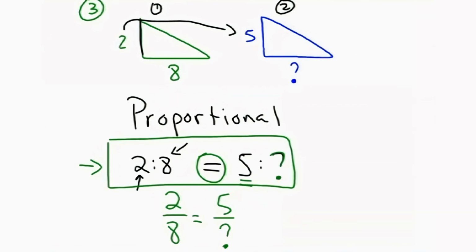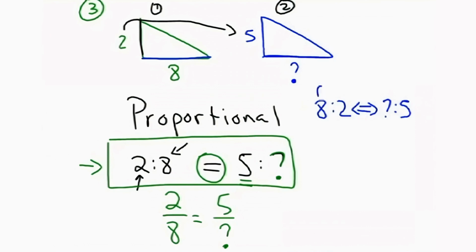And I just want to point out that had we done it the opposite way, as long as we keep 8 and the question mark together, we could have said 8 to 2 is the same as question mark to 5.